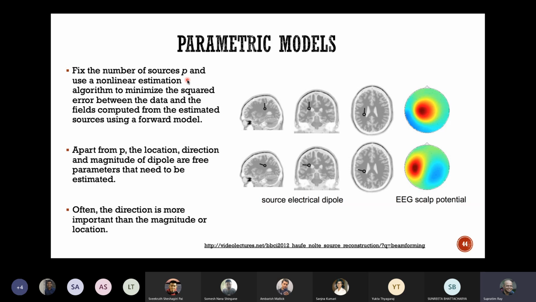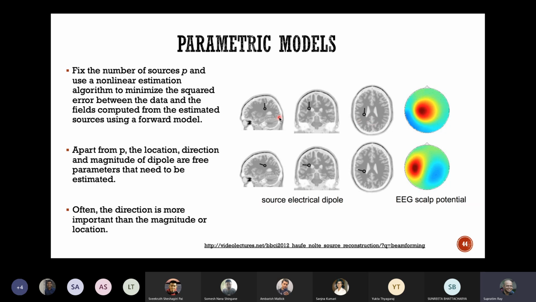Say I'm going to have p dipoles, let's say 3 or 4 dipoles, and you have to use some nonlinear estimation algorithm to minimize the error between the actual data and your estimate, once you put the dipole of a particular direction and magnitude in the brain, and then do a forward model to estimate what the voltage is going to be given this dipole.